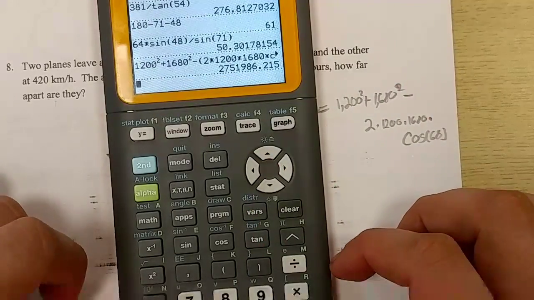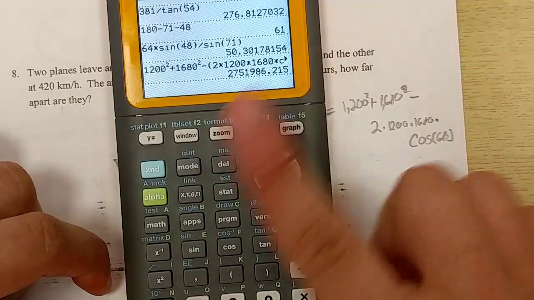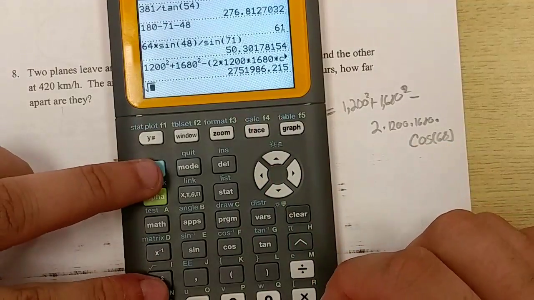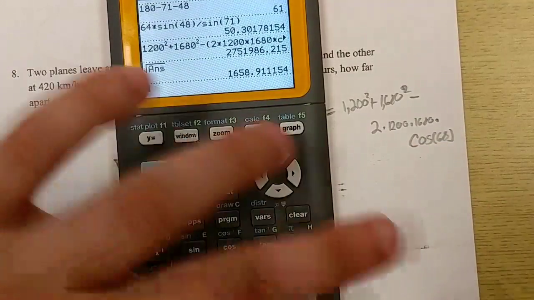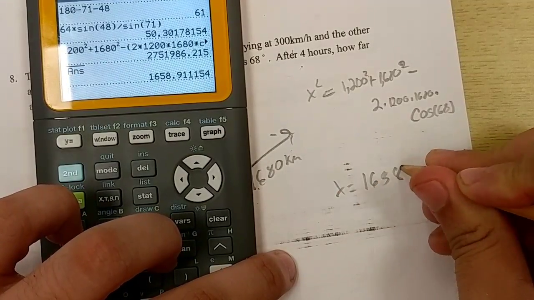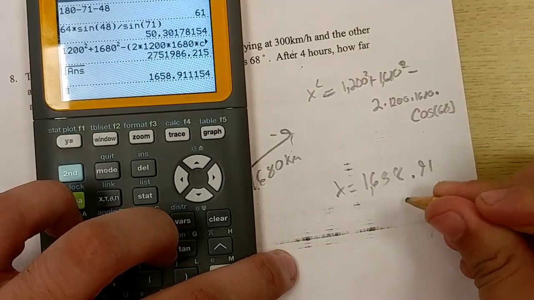Enter all that. So I get that number, but I don't actually want that number. I want the square root of that number because x squared equals that. So second square root, my second answer, I'm going to get x equals 1,658.91 kilometers.